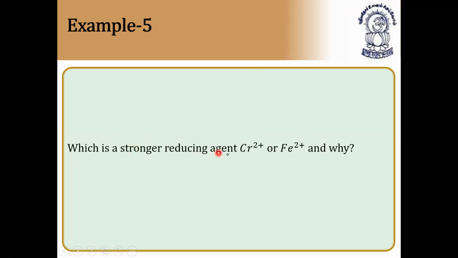Which is a stronger reducing agent, Cr plus 2 or Fe plus 2? Cr plus 2 is a stronger reducing agent than Fe plus 2 because chromium's configuration is 3d5, 4s1.